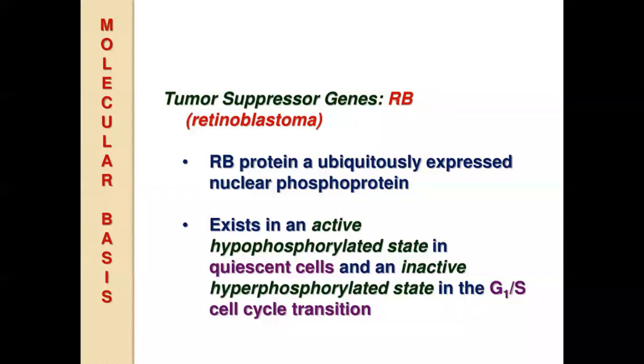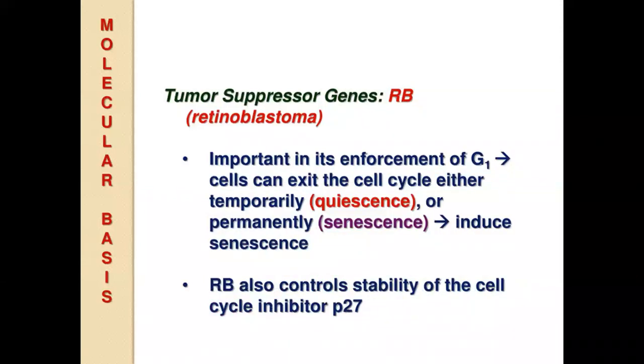The major anti-oncogene we are discussing is the RB or retinoblastoma gene, which is located on the long arm of chromosome 13. It is important in its enforcement of the G1 checkpoint. The cells can exit the cell cycle either temporarily or permanently, which induces the synthesis.